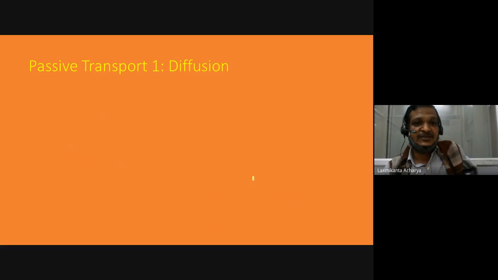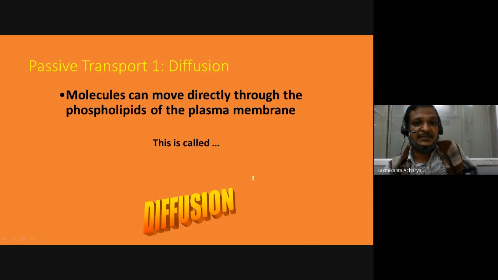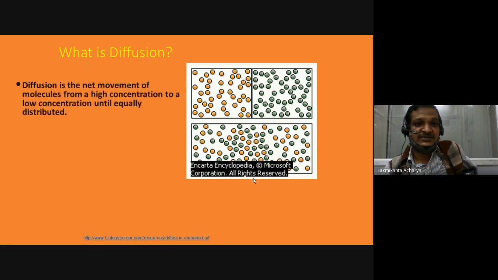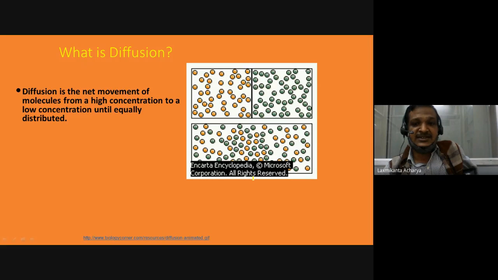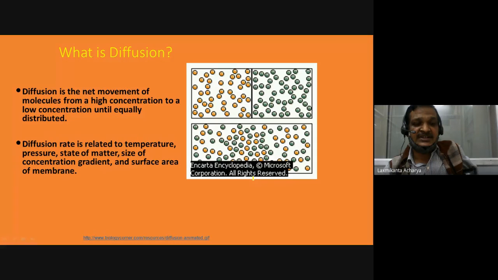Okay, now coming to diffusion, molecules can directly go through the plasma membrane, and from higher concentration to lower concentration, these molecules move. Here the net movement of molecules happens, and the diffusion rate is related to temperature, pressure, state of matter, size, concentration gradient, and surface area.